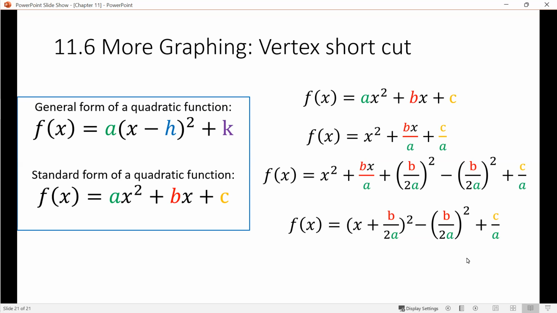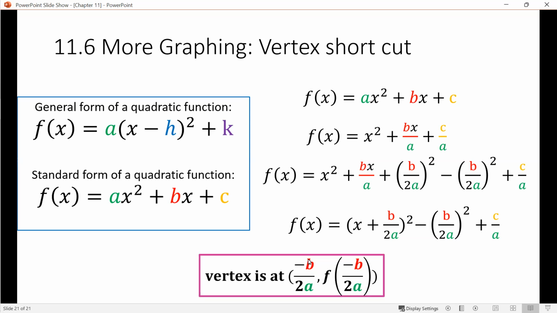Okay. But notice here that this is our general form of a quadratic. So this is our minus h. And then this stuff is all our k. That means that the x coordinate of our vertex is going to be negative b over 2a.